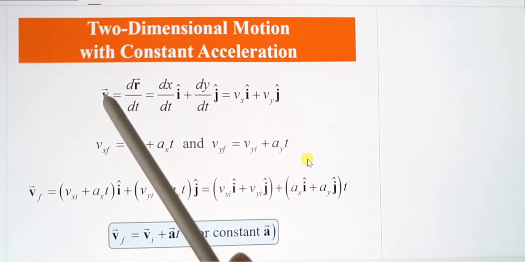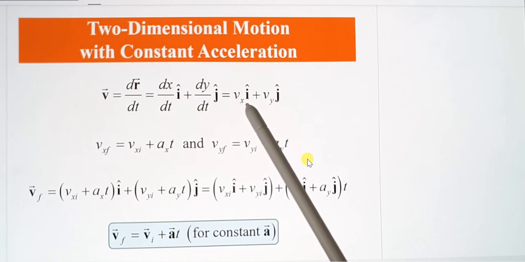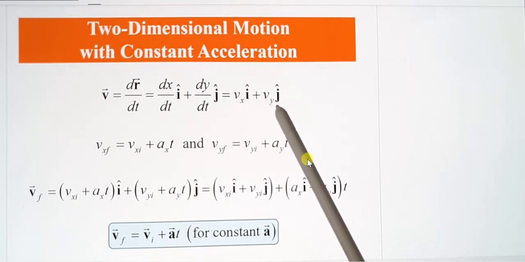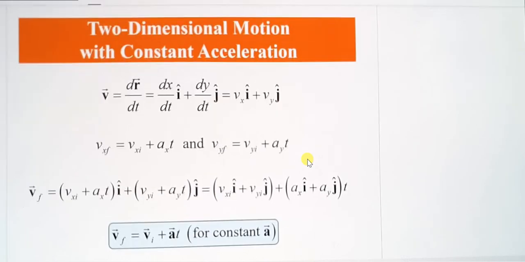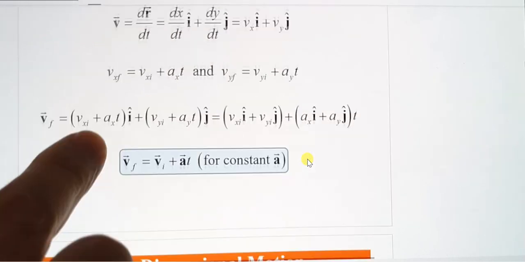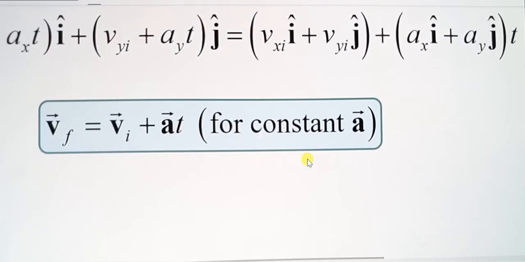The velocity vector has an i component and a j component, and we end up with the same equation that we had in 1 dimension as numbers, or as vectors in one dimension.